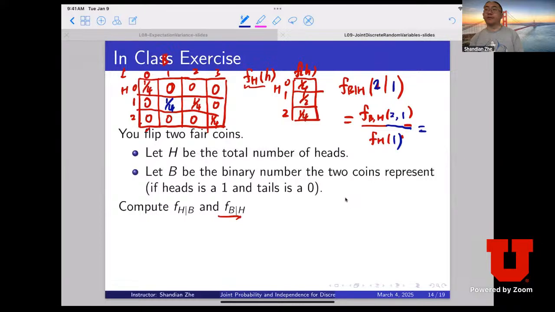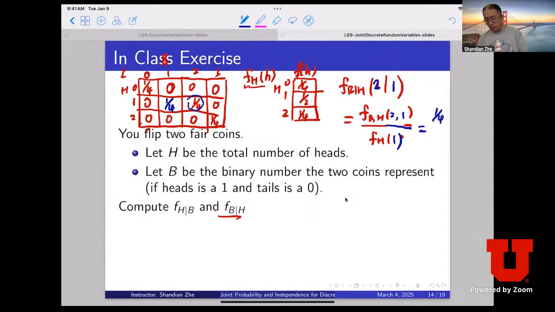What's the numerator? B is 2 and H is 1. It's here, it's 1/4, right?